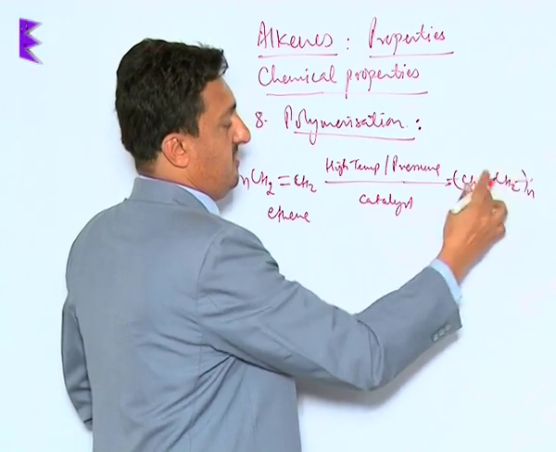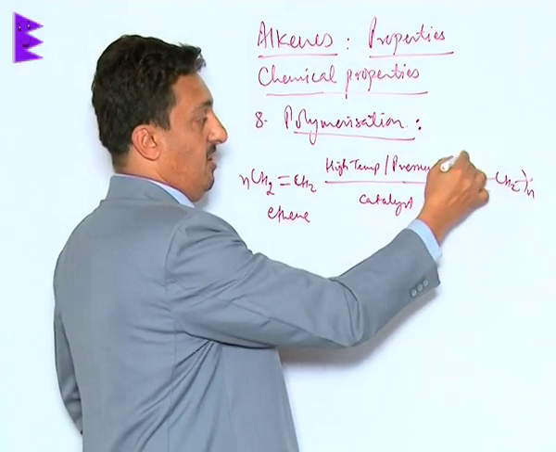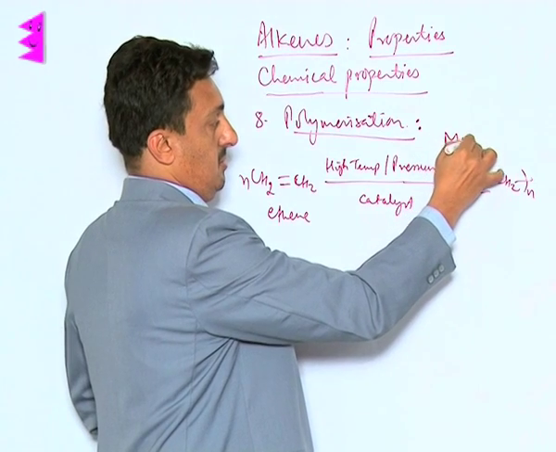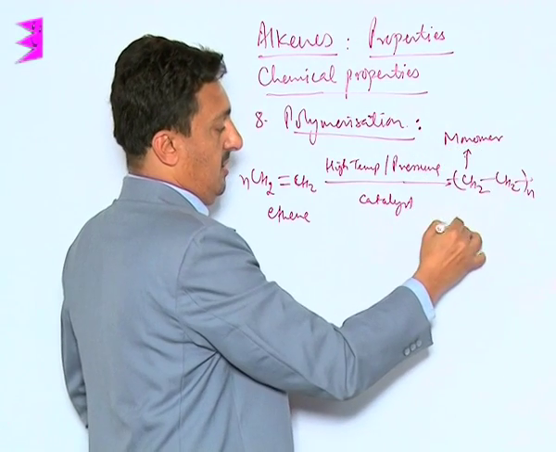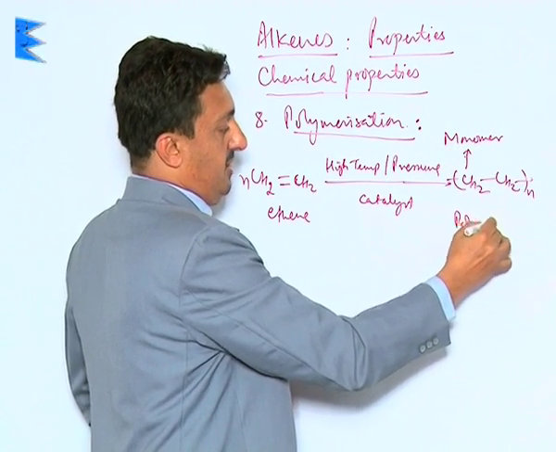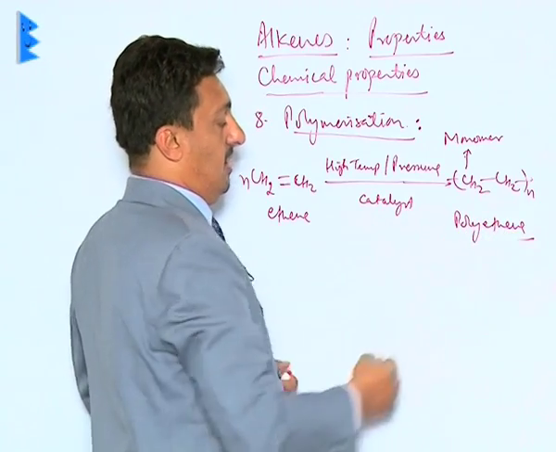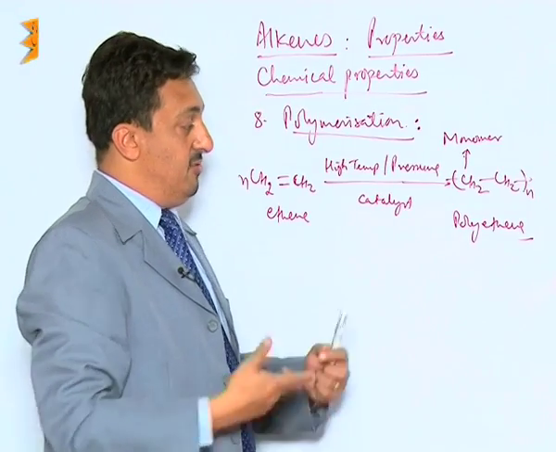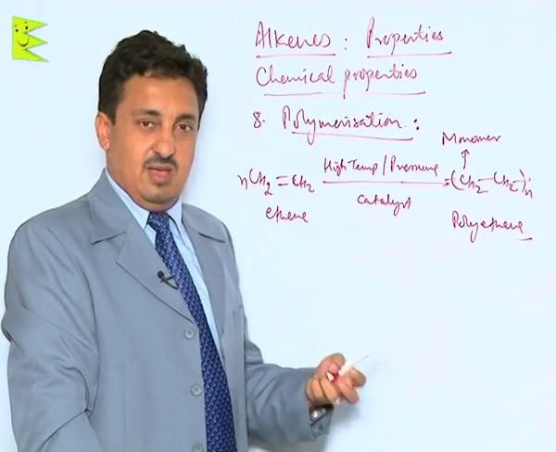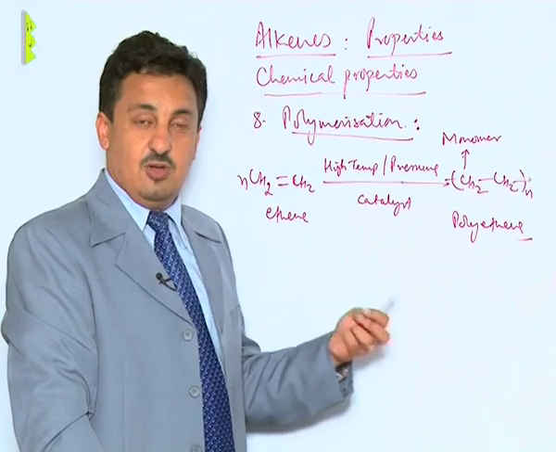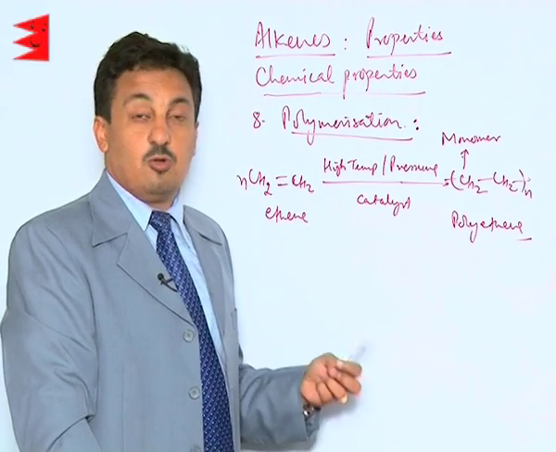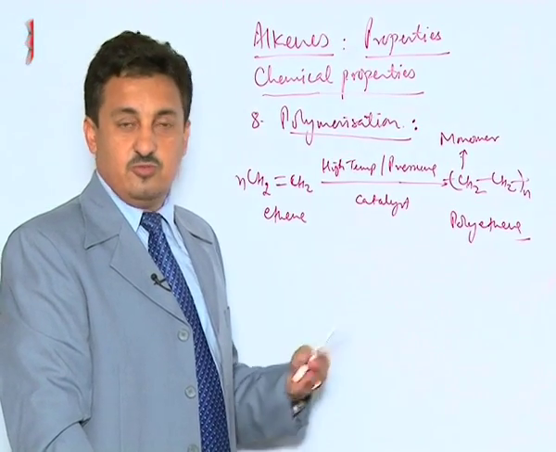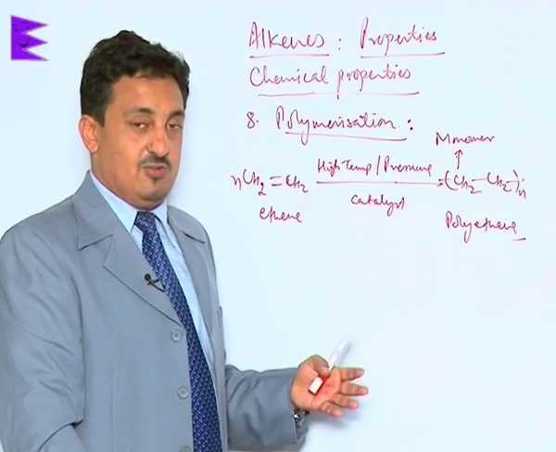A long chain of the CH2 species. This is called your monomer, and this is called polyethene. We call it normally polyethene or polyethylene, which is actually being used to make a number of products, not only packaging materials, but it's a very common and most commonly used thermoplastic in our day-to-day life.